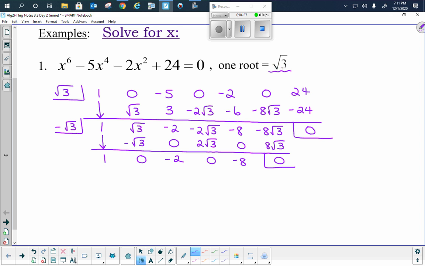Okay, perfect. So this has now turned into, think about your coefficients. You depressed it once from x to the 6th to x to the 5th, and now you're looking at x to the 4th. So let's write out what this is. This is really x to the 4th, there's 0x cubed, so minus 2x squared, there's 0 x's, and minus 8.